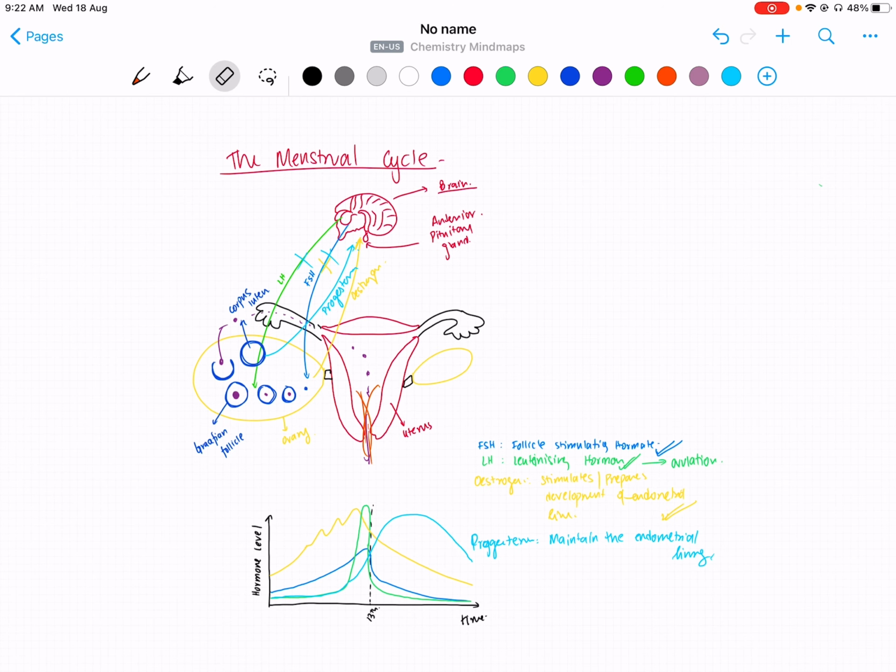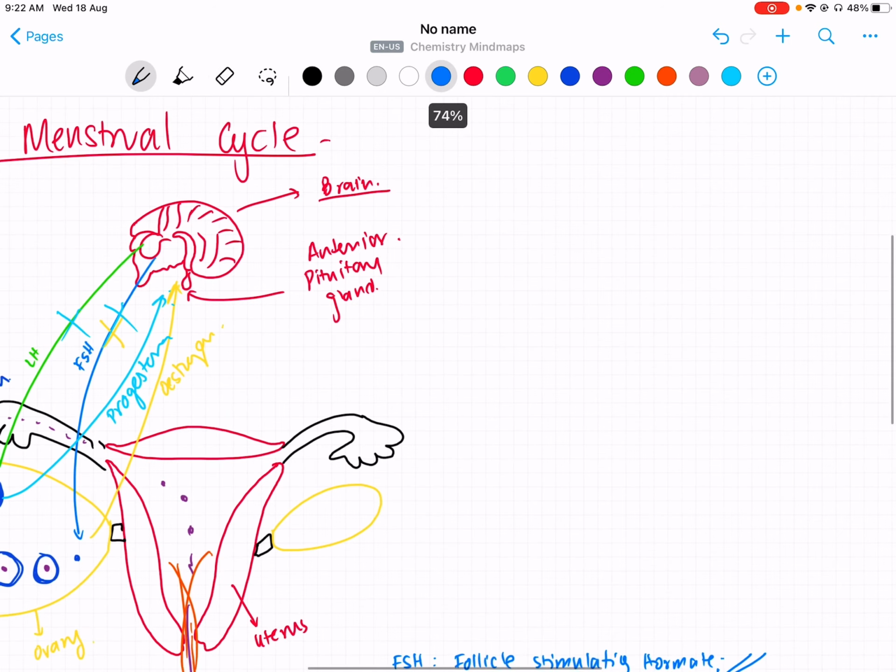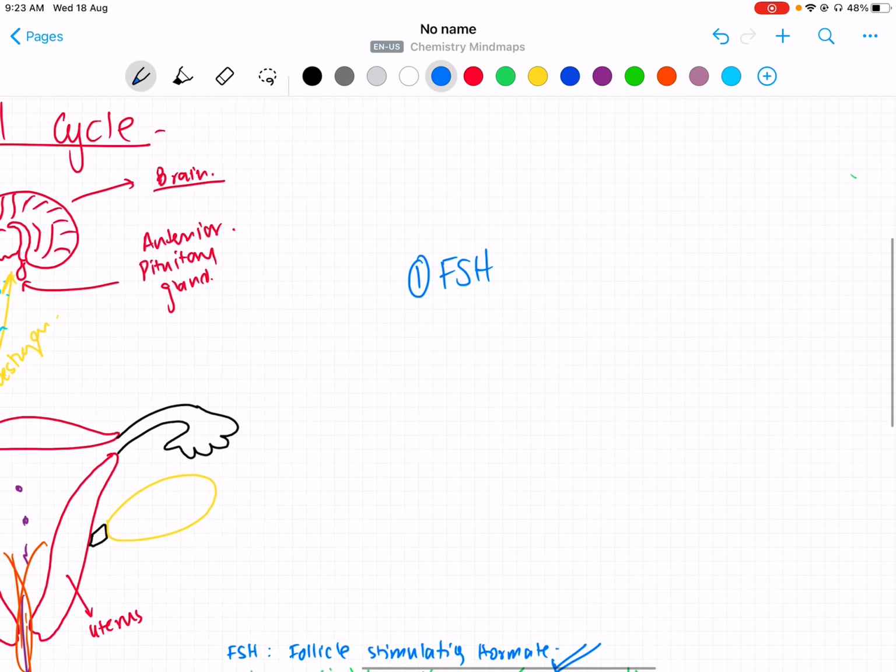It's relatively simple. It's just that there are many hormones involved, and the interactions can get a little complicated. So just remember, first FSH is released, which causes the release of estrogen. Estrogen causes the lining to develop.